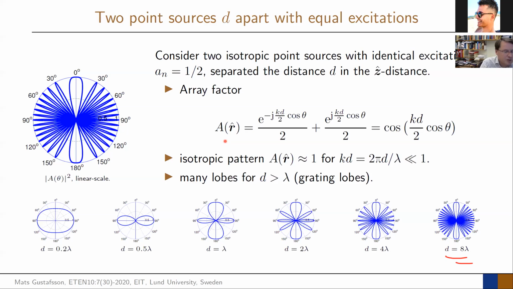This is 8 wavelengths. So imagine how that array factor looks like when you have 10,000 of those. That will basically be covered here between rays all over the place. So the array factor is incredibly, incredibly sharp for this one.